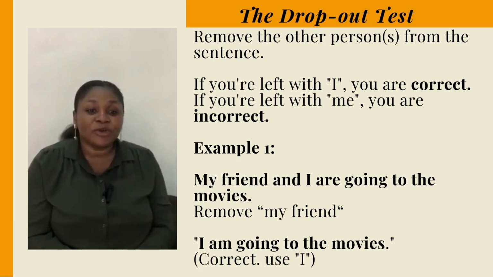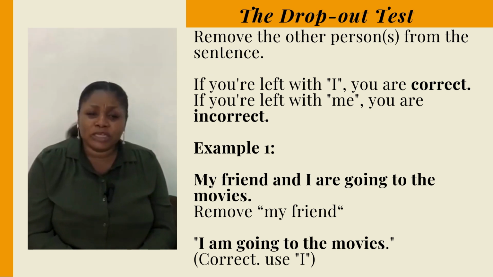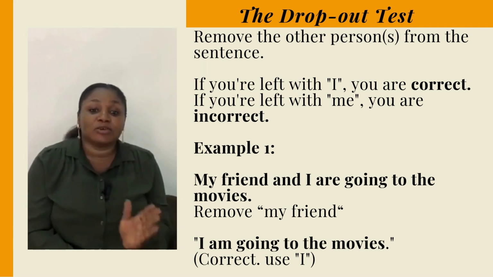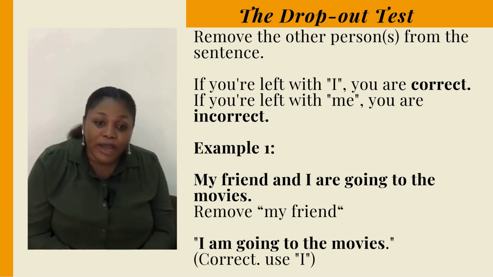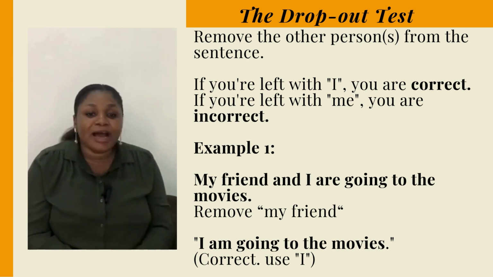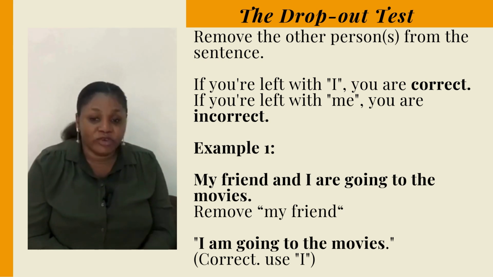So the second trick we're going to be looking at is the dropout test. Now, what do we do in this trick? You remove the other person from the sentence, and whatever you're left with would determine whether it is correct or incorrect. For example 1, we have: my friend and I are going to the movies.